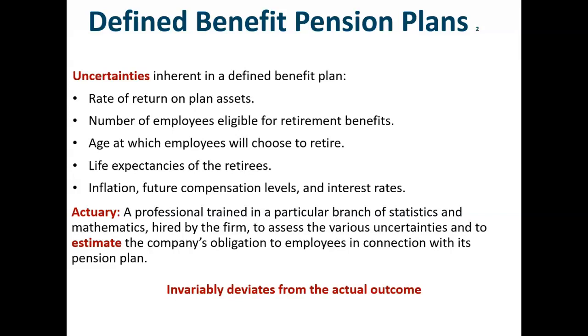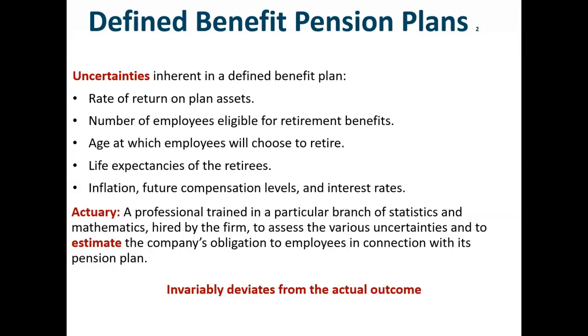The age at which employees will choose to retire, as well as life expectancies, will impact both the length of the retirement period and the amount of benefits. Inflation, future compensation levels, and interest rates also have obvious influences on eventual benefits.